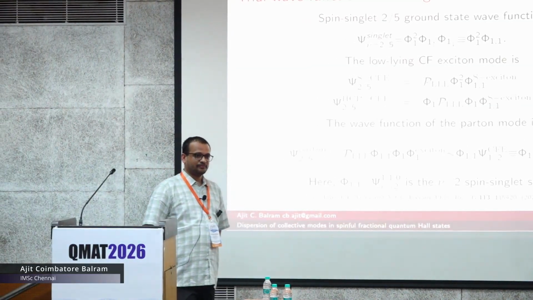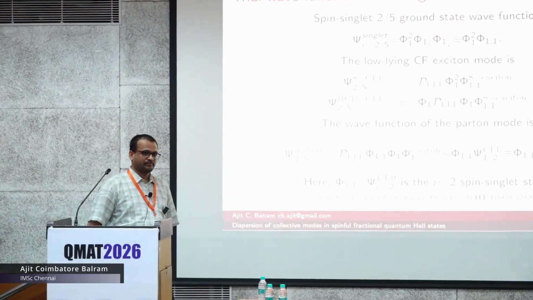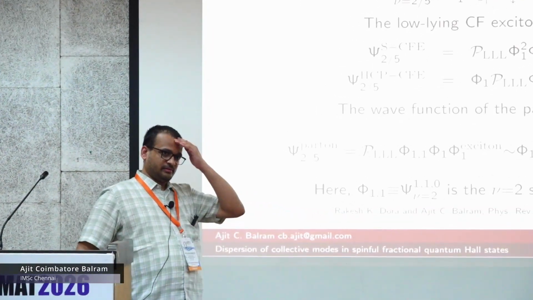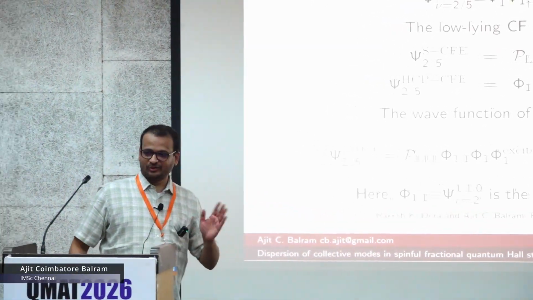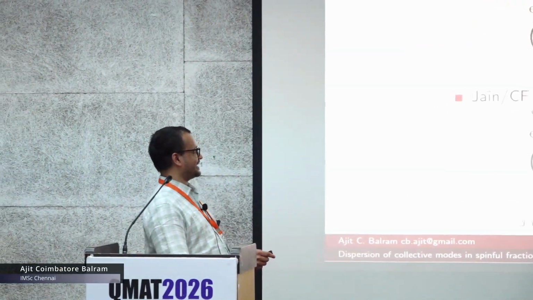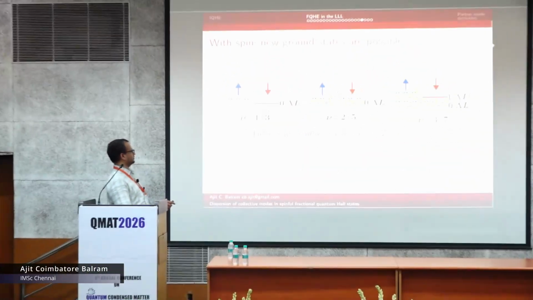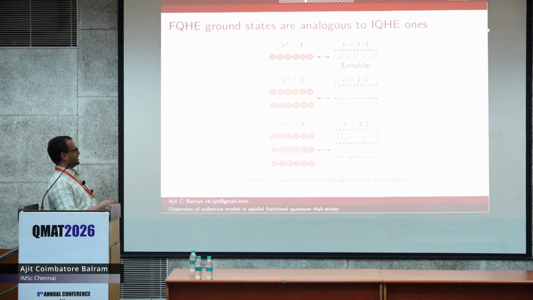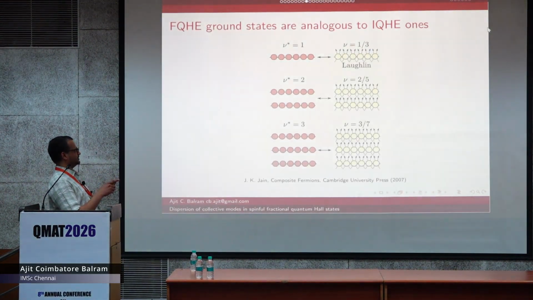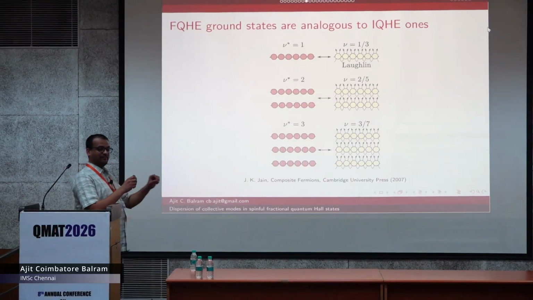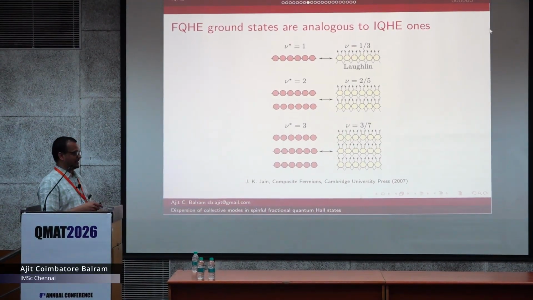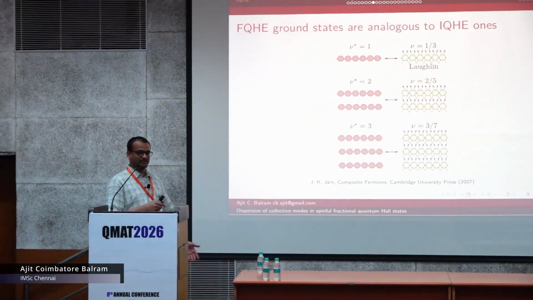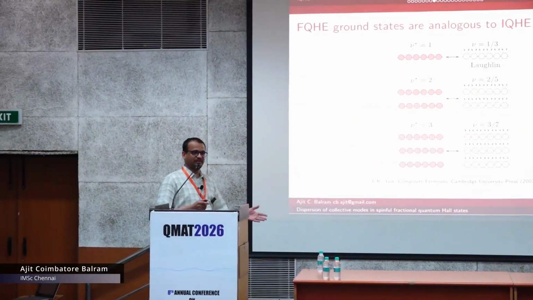How can you then explain the integer quantum Hall effect, where you have exactly the same number of flux lines as electrons? How can they coexist? They don't coexist. They occur at different parameters. The integer Hall state occurs when the number of fluxes is the same as the number of electrons. The fractional Hall state at 1/3 occurs when the number of fluxes is three times the number of electrons. So you need many more orbitals to create fractional Hall states.